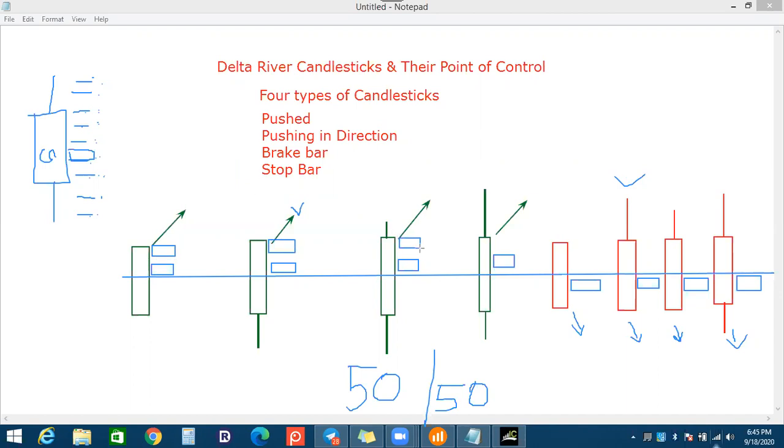But here on the wick, above the closing, or on the highest peak of the candle. Here, here, totally on the wick, below the wick, here.